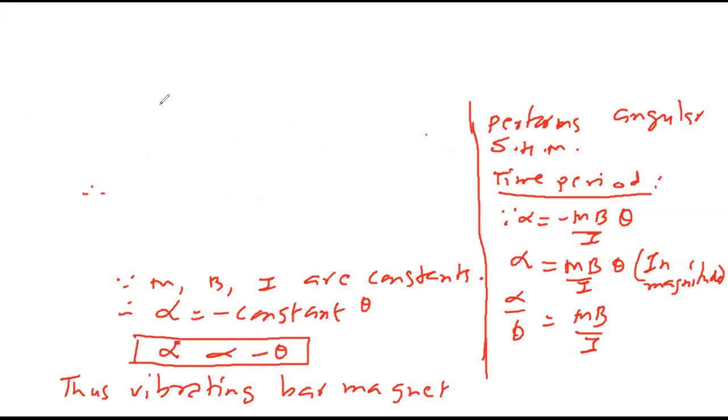Since time period T equals 2 pi by omega, this is 2 pi upon root of alpha upon theta.